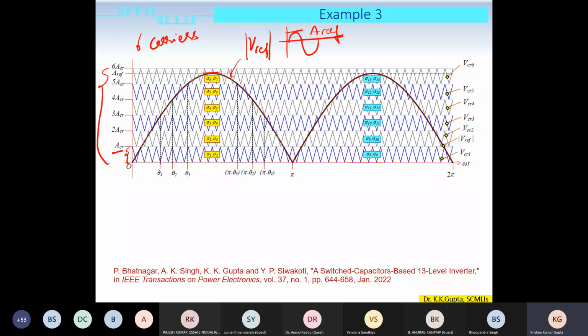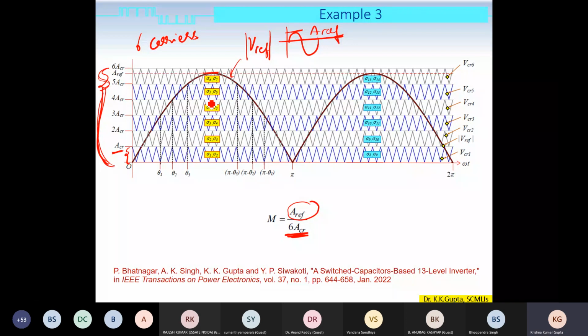I am telling this because with the help of this figure, we can define the modulation index in this context, right? The modulation depth is the peak value of this reference waveform divided by this overall span on the y-axis, which is equal to 6 ACR. So this is the modulation index for us.